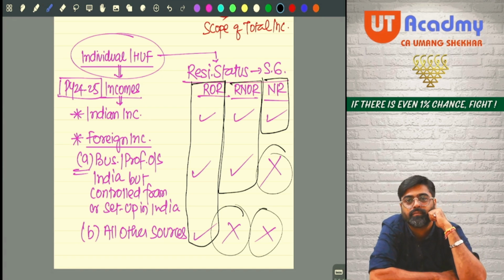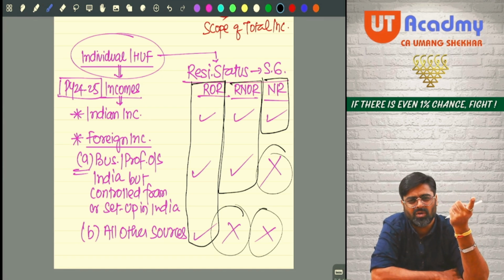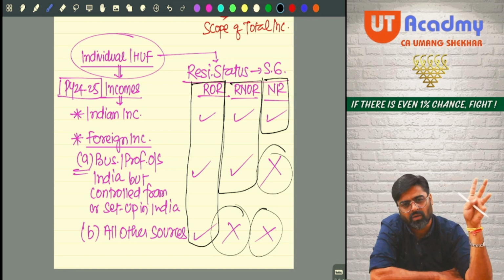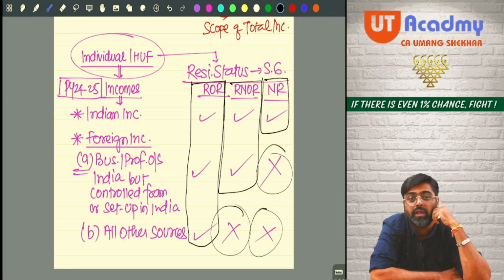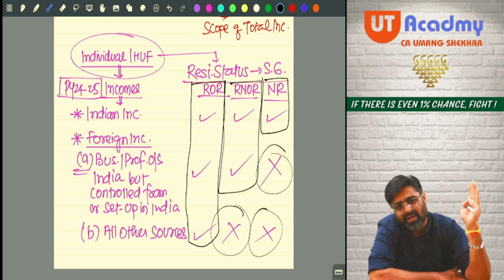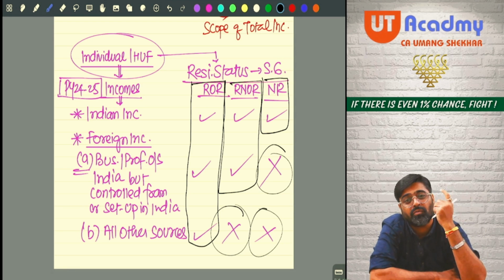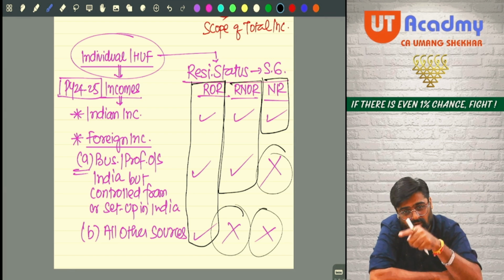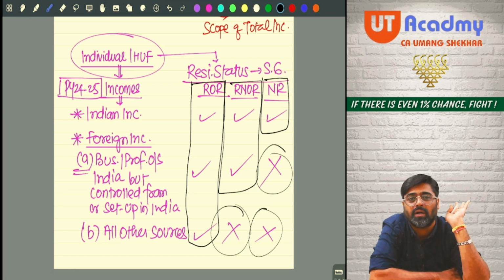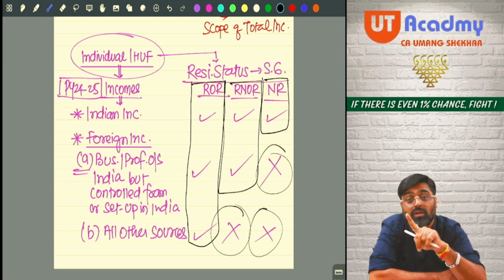Finish. But if you are NR, don't include both the foreign incomes. Forget. Include only Indian incomes. If you are RNOR, include only one foreign income. Forget about all the other foreign incomes. And if you are ROR, your global income you are supposed to include. Understanding? Now this was all about individual and HUF.